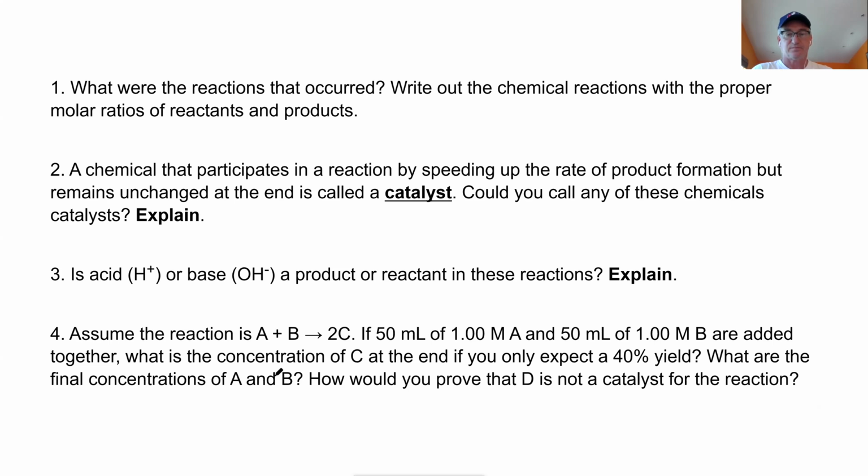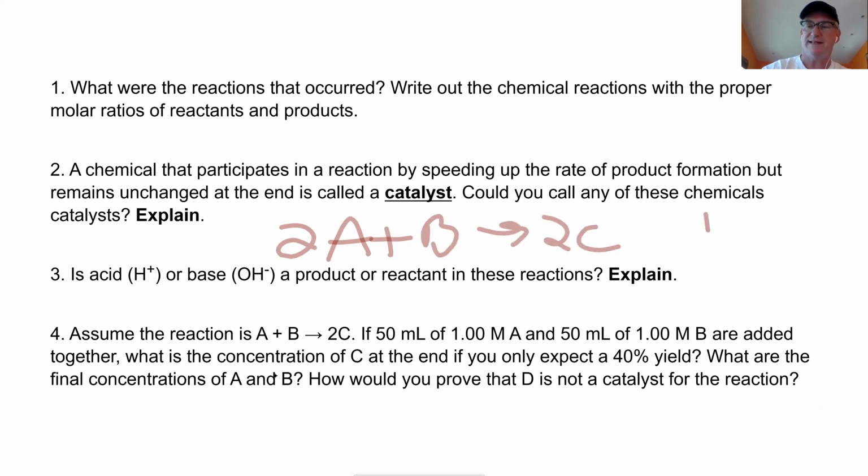That's it. And so how would we prove that one of these things is not a catalyst? Let's say in that last reaction we did, we had 2A plus B makes 2C.